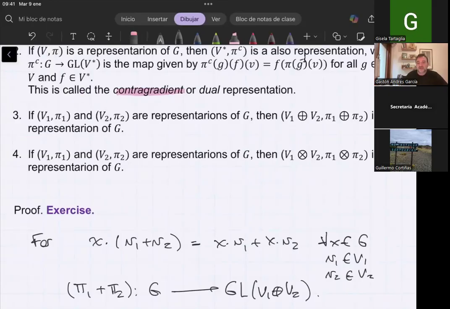A very easy way to understand it is that it is just another vector space where the basis is given by pairs of elements of the basis, one of V1 and the other one of V2. So by counting, it's a vector space of dimension given by the dimension of V1 times the dimension of V2.